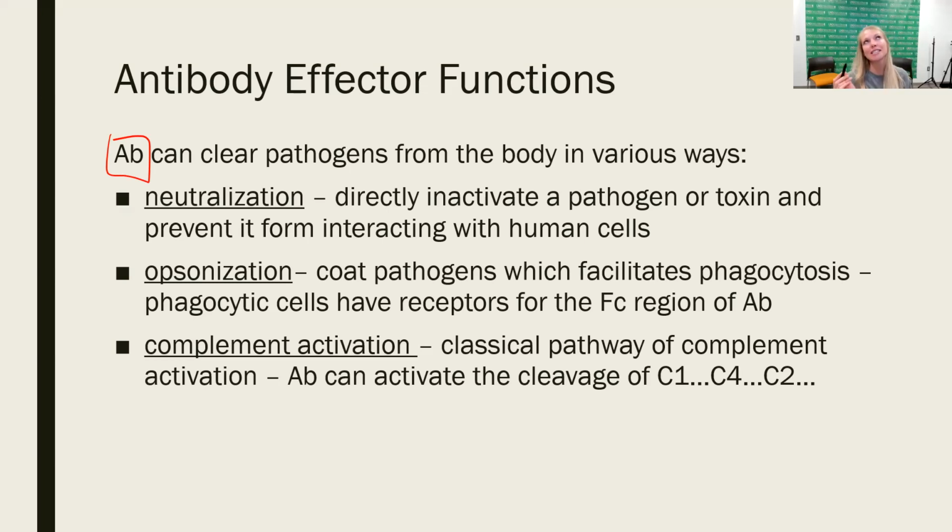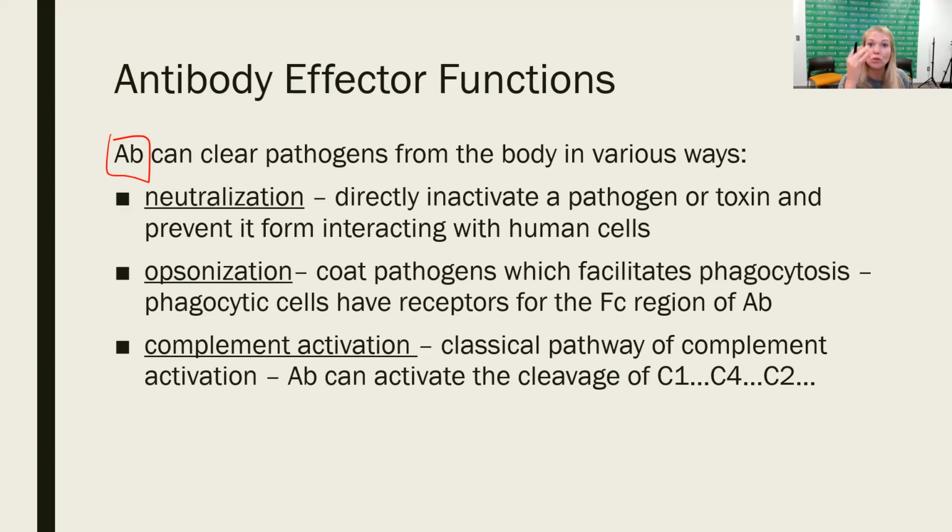Because just like we saw phagocytic cells have complement receptors, and the complement C3b was their ligand for that receptor, phagocytes also have Fc receptors, and so they can have an Fc gamma receptor, an Fc epsilon receptor, whatever it might be. Gamma is usually the one that is going to be an opsonin.